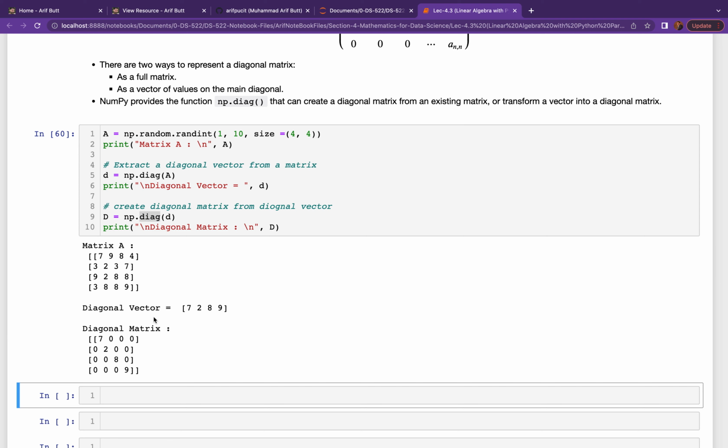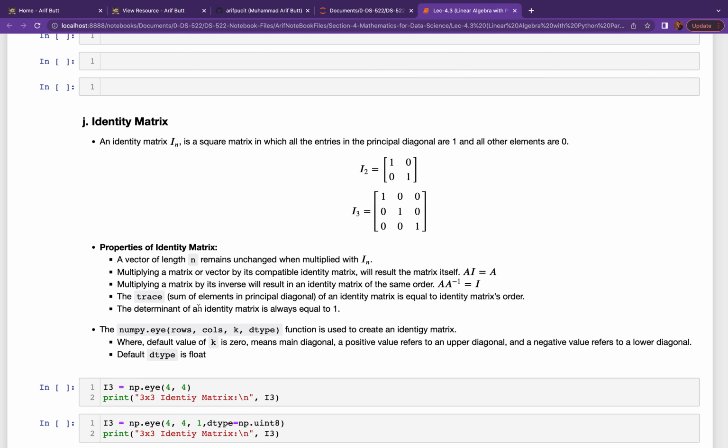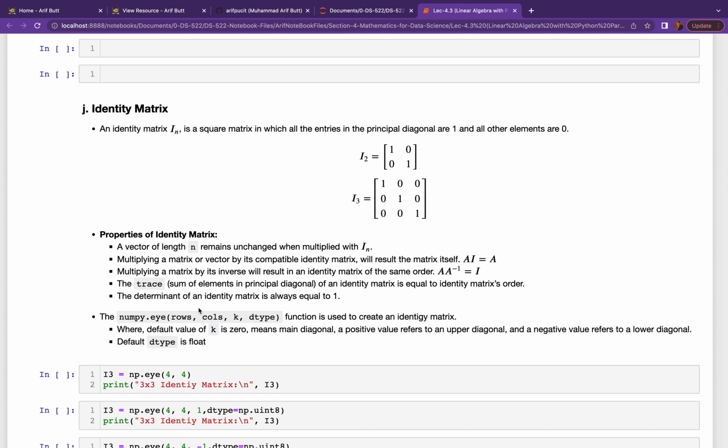Great. I hope this makes sense. So that means there are two ways to store a diagonal matrix, as a full matrix or a simple vector. So if you have a diagonal matrix, you can store it like this, or you can store it as just the diagonal.